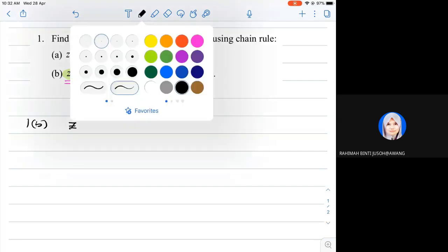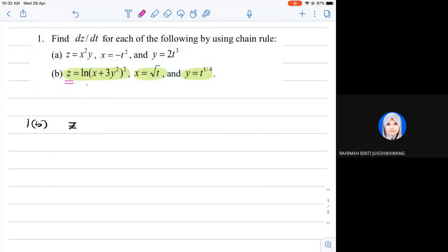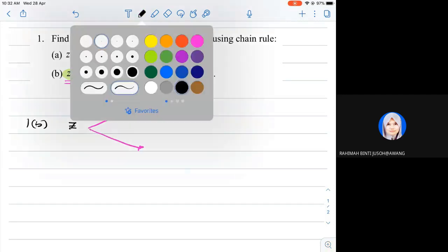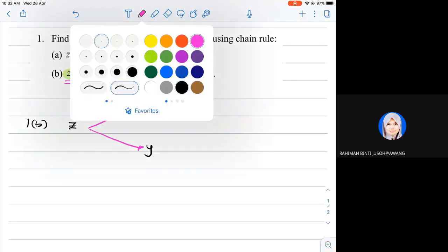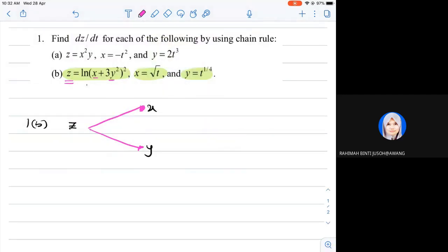Now, as we notice here, z consists of two variables, which are x and y. So kita ada pecah dua lah, x dengan y. Macam tu. And then we also can see that x is a function of t, variable t.